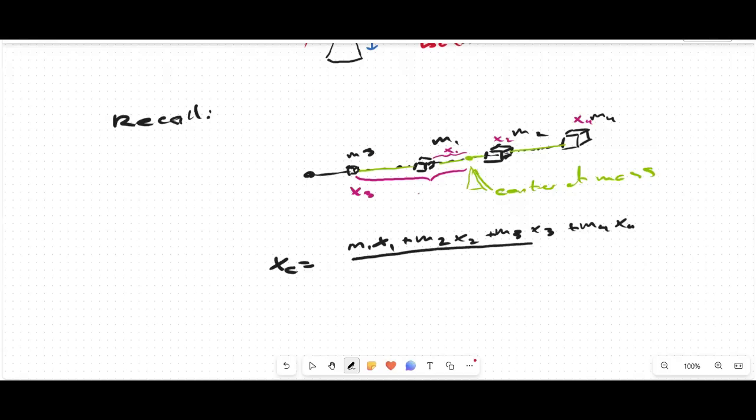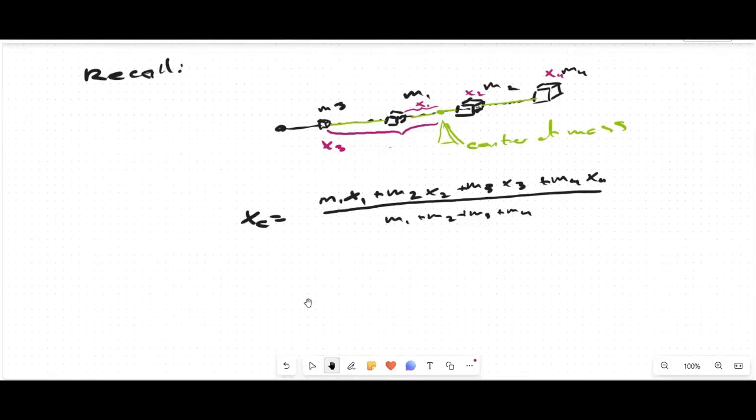And then you want to divide by the total mass, M1 plus M2 plus M3 plus M4, to make it an average. This is something you would have seen before. That's the center of mass. Let's try to build that idea for 2 dimensions and see where we can get.